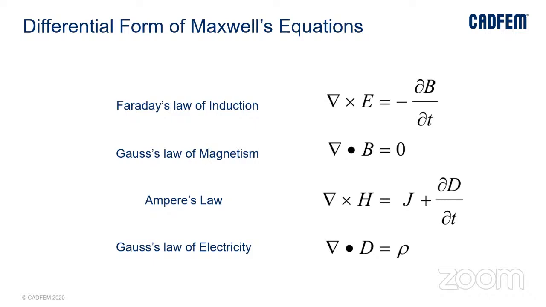And when you come back to Ampere's law, generally what it states is that whenever there is a current-carrying conductor, it will produce a magnetic field. But then the extension of Ampere's law is the Maxwell version of Ampere's law, which includes the partial derivative of the displacement current.